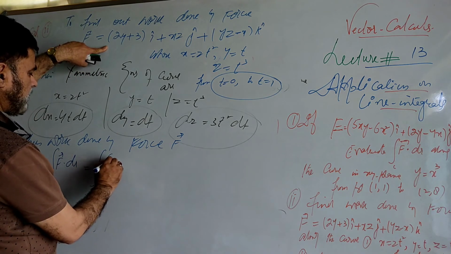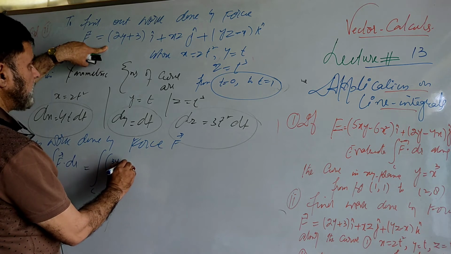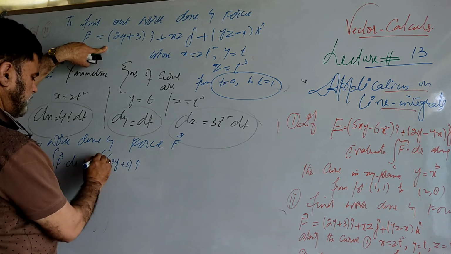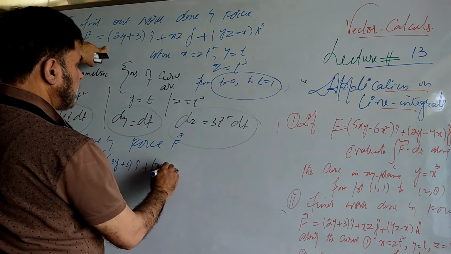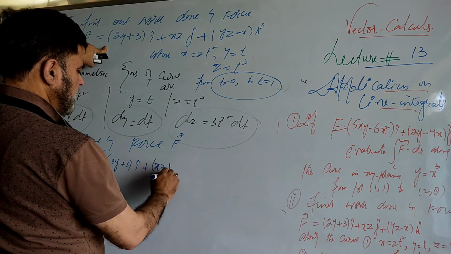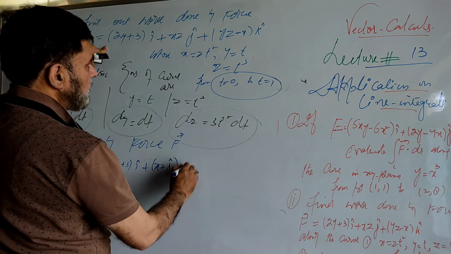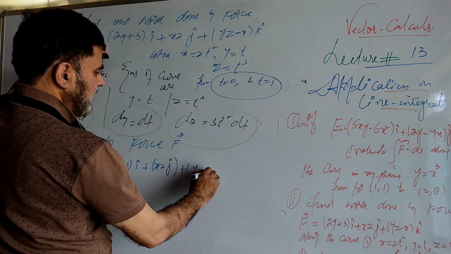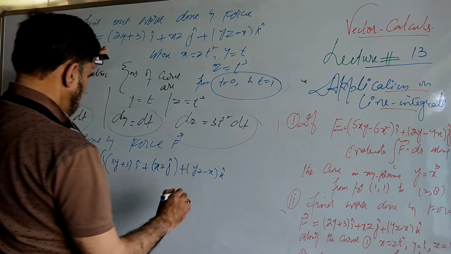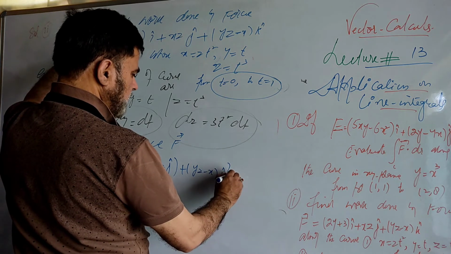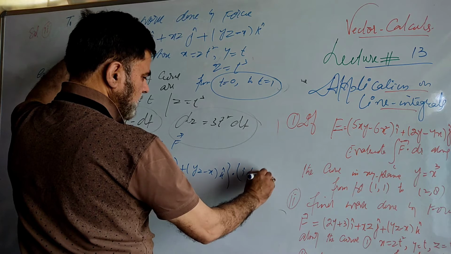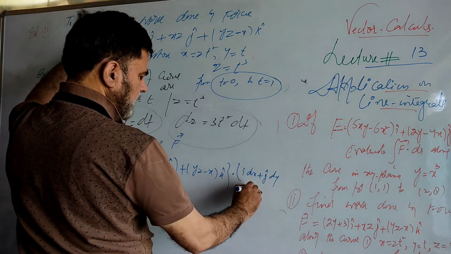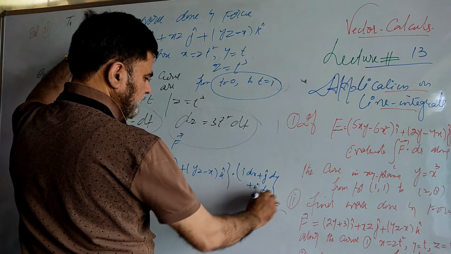It is (2y plus 3) i, then plus xz j, unit vector j, plus (yz minus x) k. You have to take it as dot i dx plus j dy plus k dz.